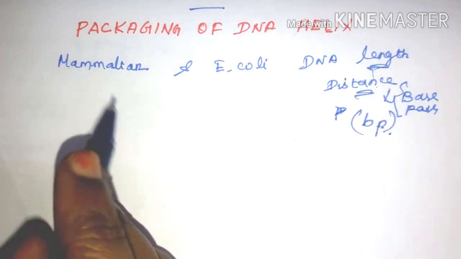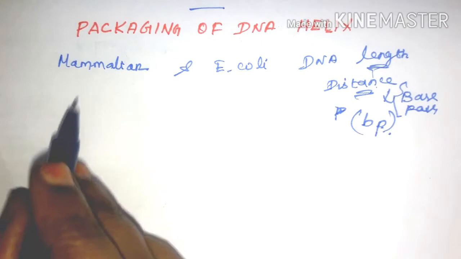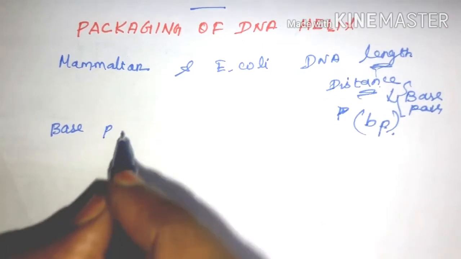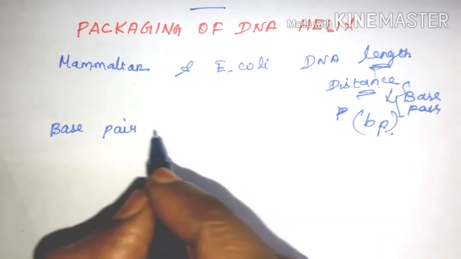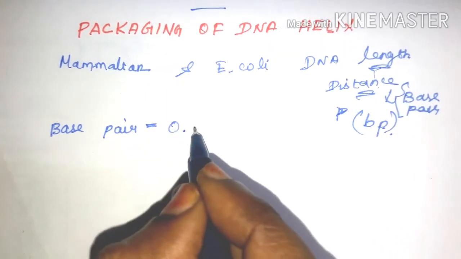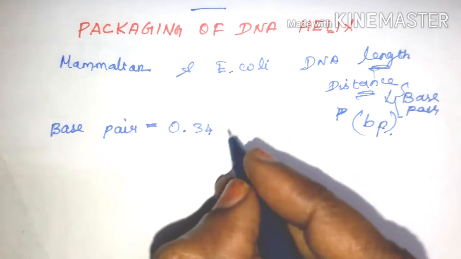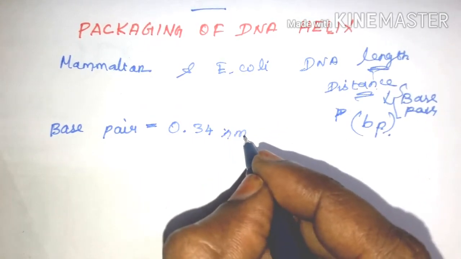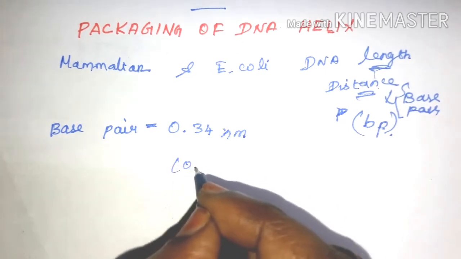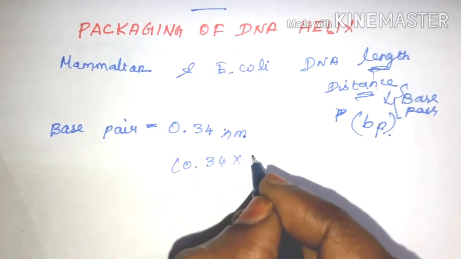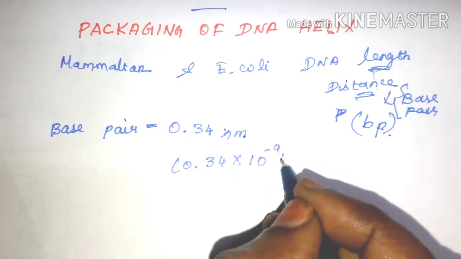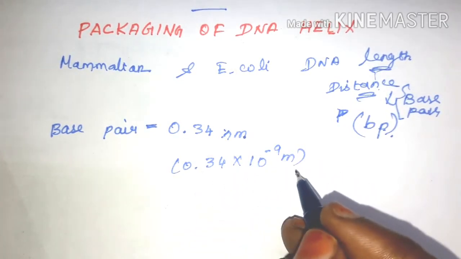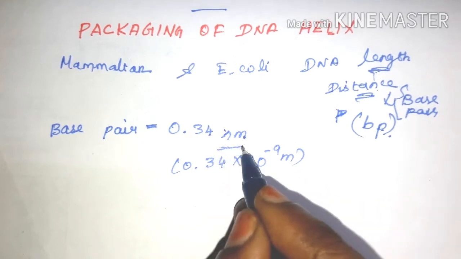So they have calculated the distance between base pairs as 0.34 nanometer, that is in meter, 0.34 into 10 to the power of minus 9 meter, but it is denoted in nanometer.